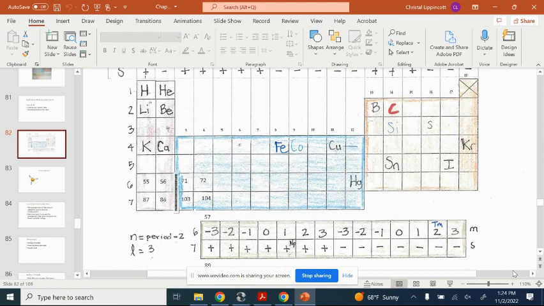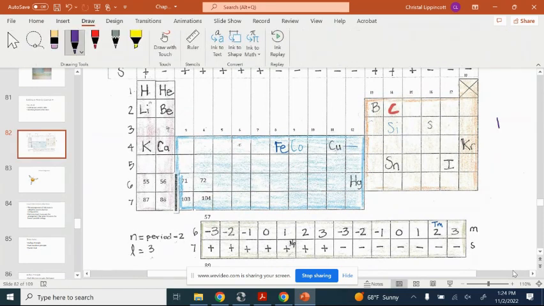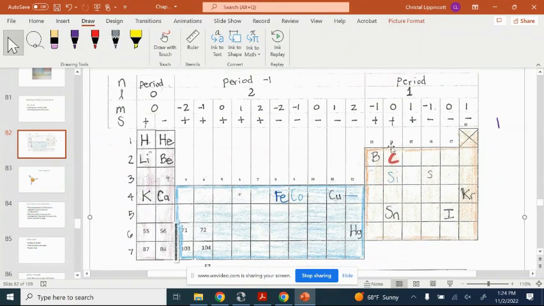They wanted us to figure out where osmium is on here and figure out its quantum number. So I have to find osmium. Osmium is under iron. So here's my osmium.